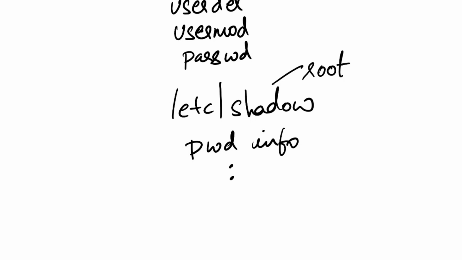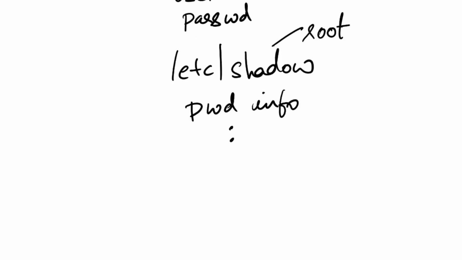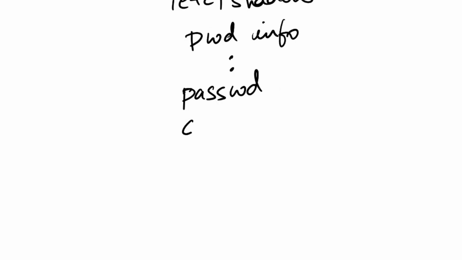Let's see some of the commonly used commands for password management and user attributes. First is passwd, used to change a user's password and related settings. Next, chage, used to set password aging information such as password expiration and inactivity periods.